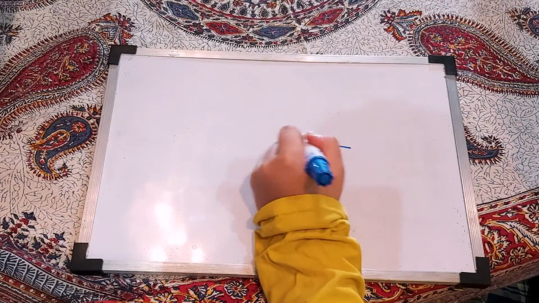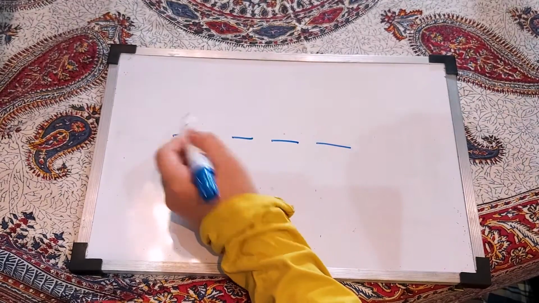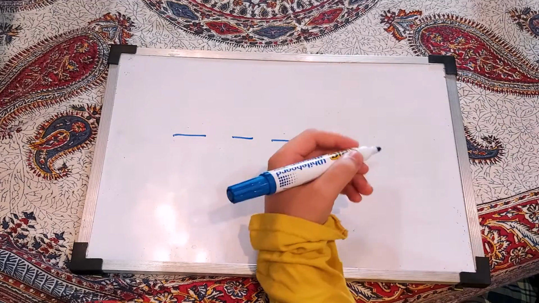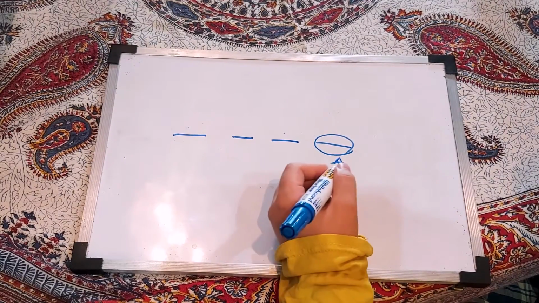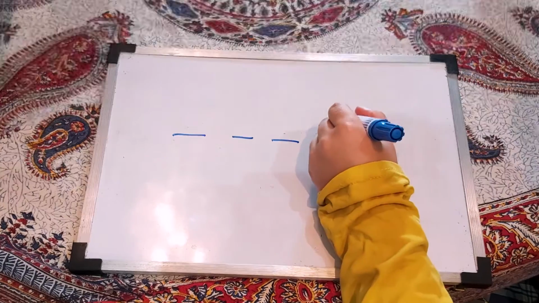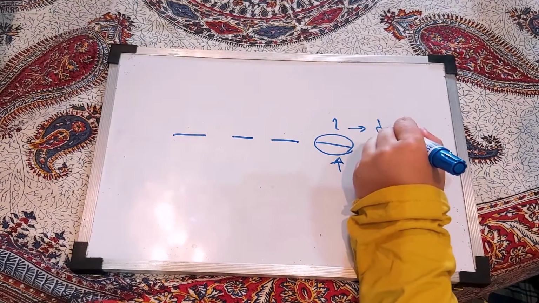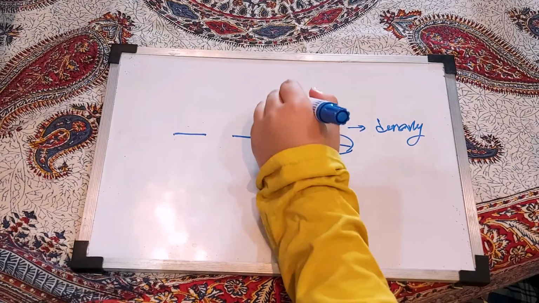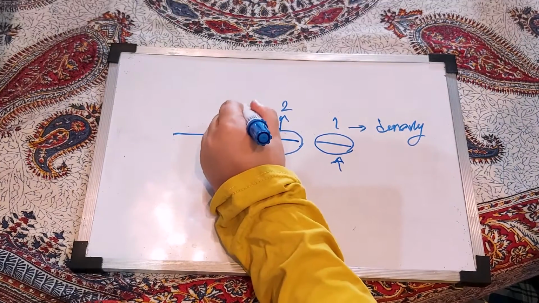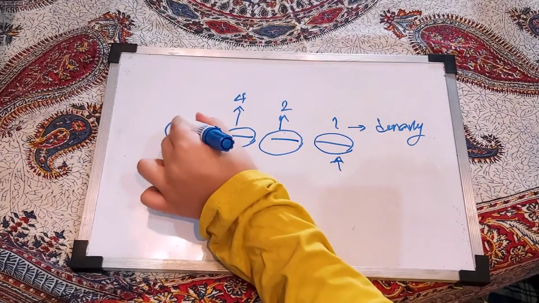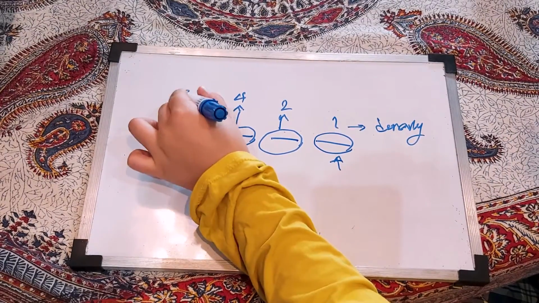So we have a 4-bit system, which is what I'm currently drawing, and the point is that each single place represents a value. For example, this represents value 1 in binary, this one represents 2, this one however represents 4, and this one represents 8.